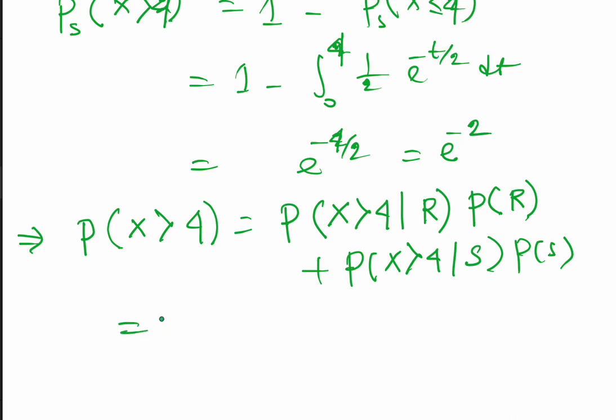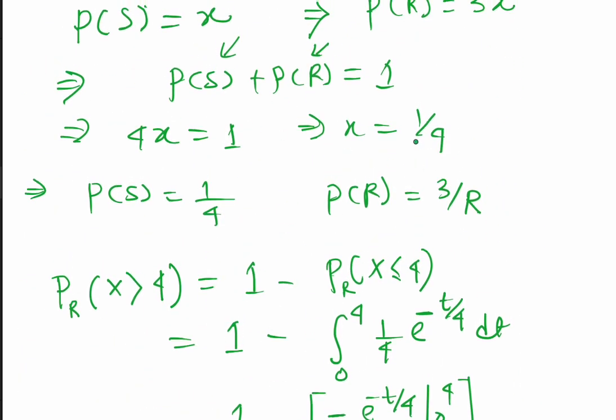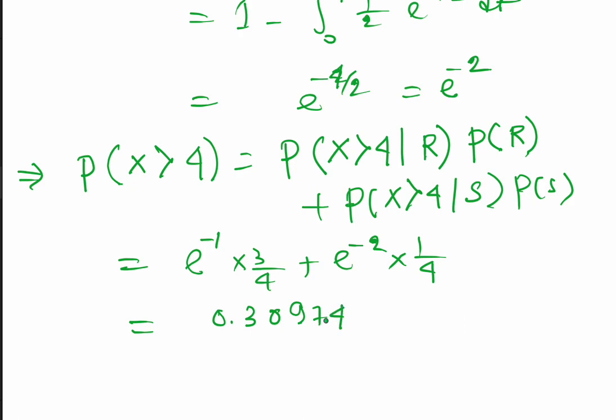If we do that, it is actually e to the power minus 1 into 3 by 4 plus e to the power minus 2 into 1 by 4. If I calculate it, it is 0.30974. So this is the answer.